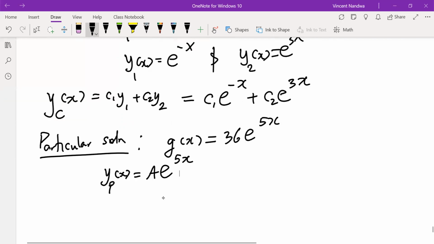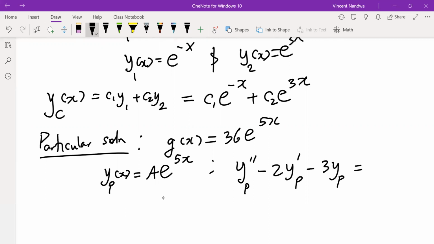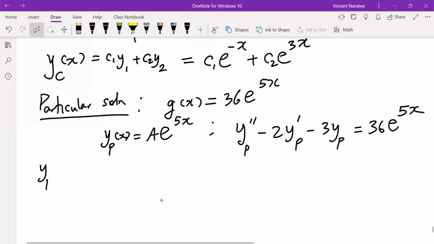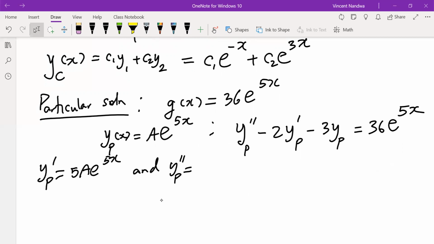So with this now, the differential equation will be yp double prime minus 2yp prime minus 3yp equals 36 e raised power 5x. Now yp prime is 5a e raised power 5x and yp double prime is 25a e raised power 5x.